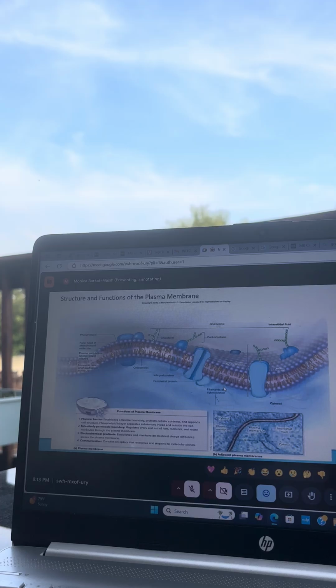Some of these carbohydrate chains are attached to the protein, so they are called the glycoprotein chains. And some of them are attached to the phospholipid heads, they're called the glycolipids. So all these chains which you see on the outside, that forms the glycocalyx, and that gives identity to the cell.